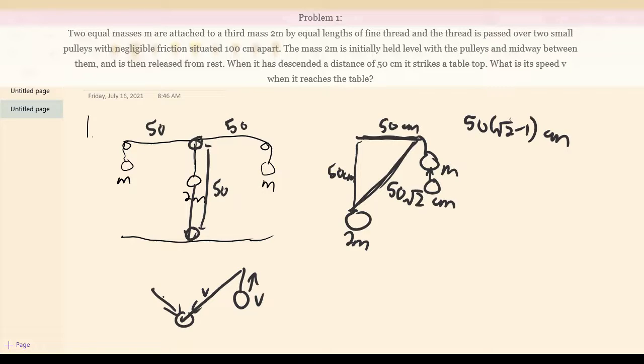So there's another velocity of v here on the mass of 2m, and both of them are at diagonals.